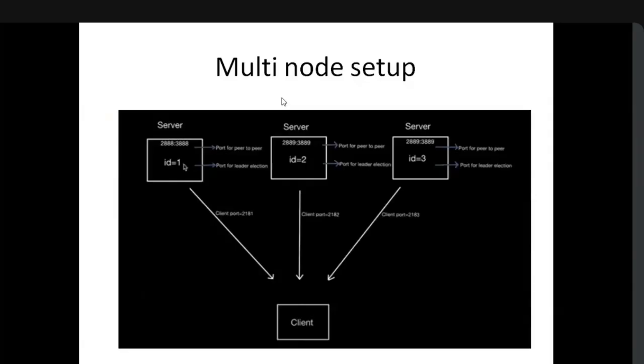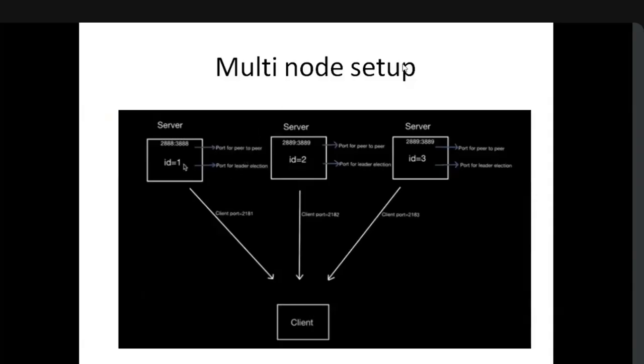So there should be some election technique to select a leader. Whatever number of zookeeper servers there are, 3, 5 or 7, election is done among them, and one node is selected as leader. The remaining will remain followers.